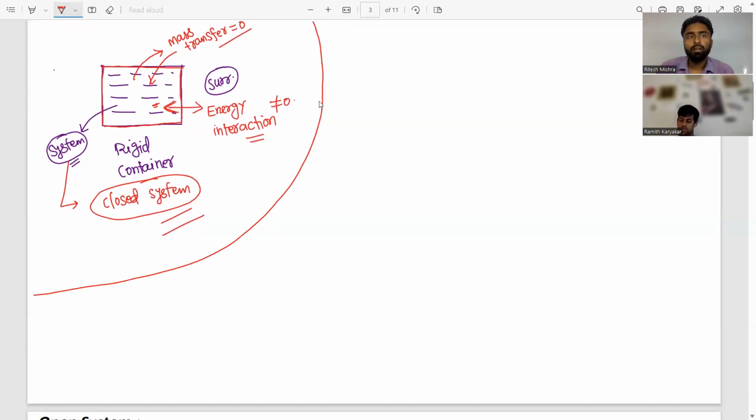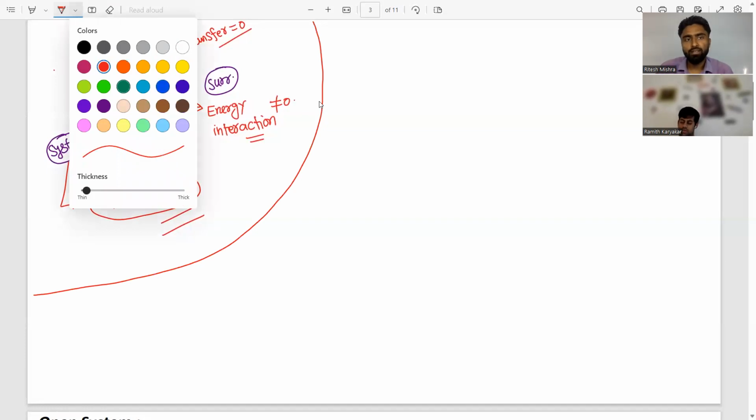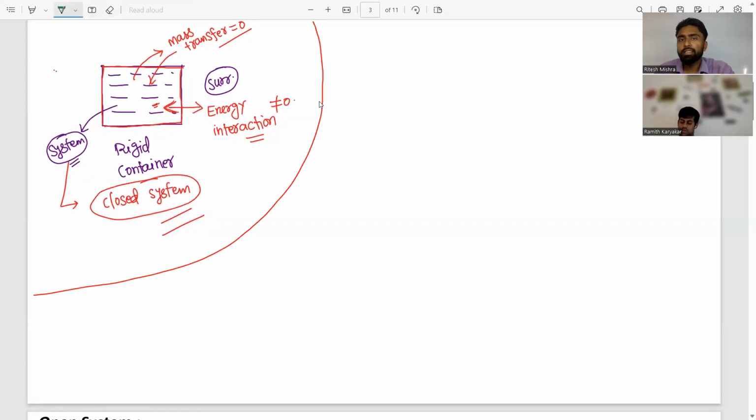Now another example which is very important here is piston cylinder arrangement. Now let's move to the next example of closed system. This is your piston cylinder arrangement. This is your piston.